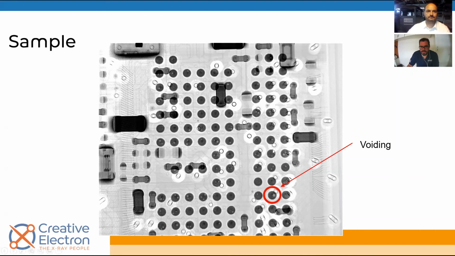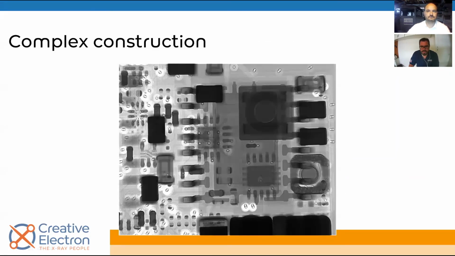Here again, another example. And going back again, this is just a more complex construction. I can see some transformers, I can see capacitors, I can see QFNs. This is just going to be a struggle. This is going to be a complex application, and you have to simplify.